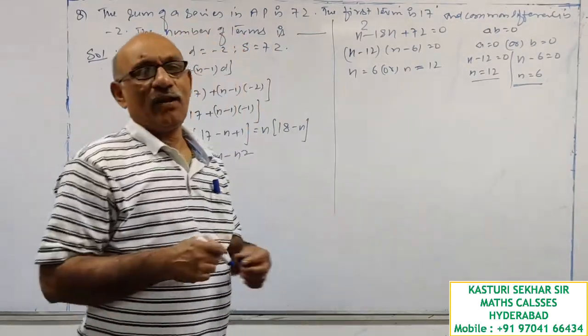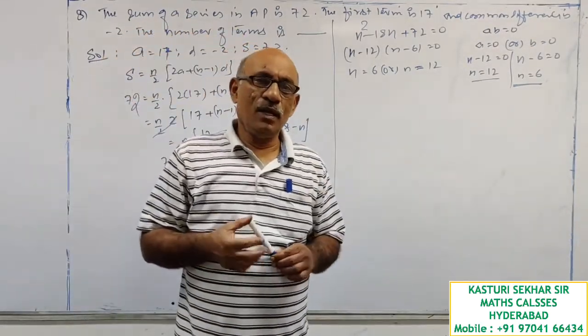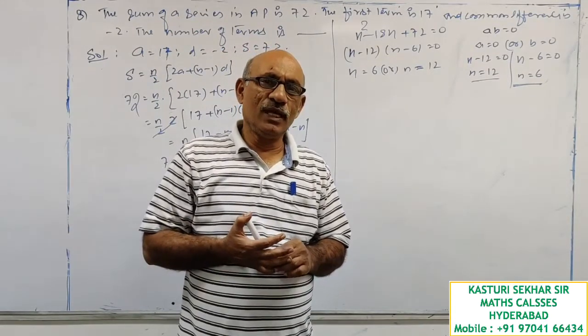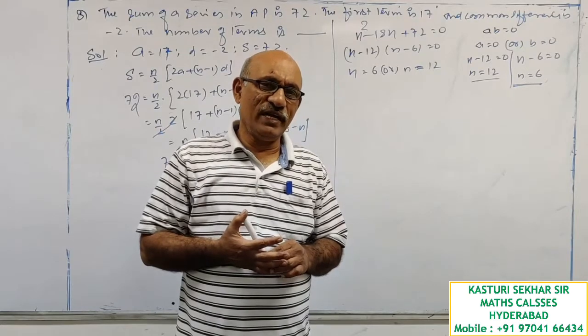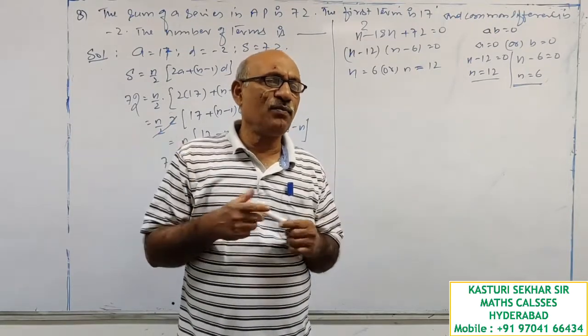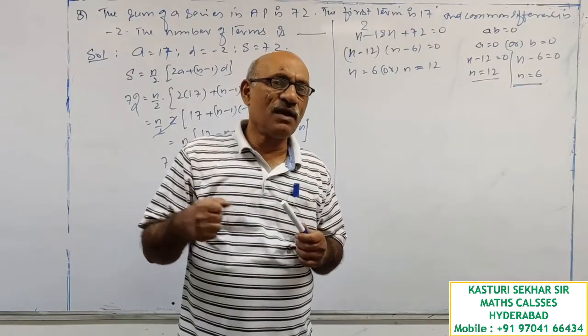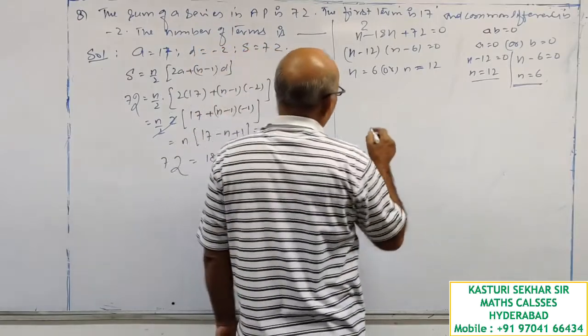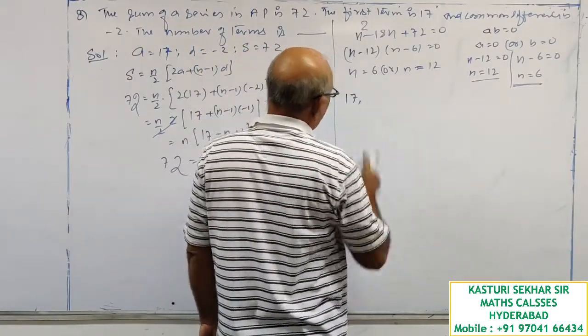Now again I will get a doubt here. For two different positive values of n, the sum is the same. Again doubt. So let me write the sequence. 17 is the first term.